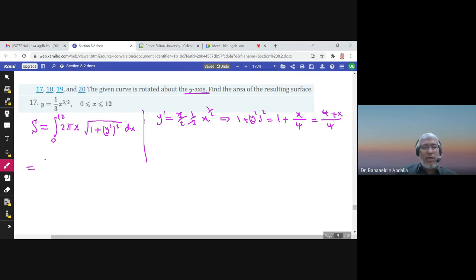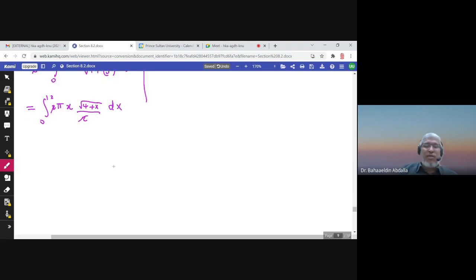So the integral is from 0 to 12 of 2 pi x, which is okay because the integral is with respect to x. And I have here the square root of this one. Distribute the square root, so I will have the square root of 4 plus x over the square root of 4, which is 2. And now I can solve this also by substitution. If I take u equals, not square root, what is inside the square root, 4 plus x.